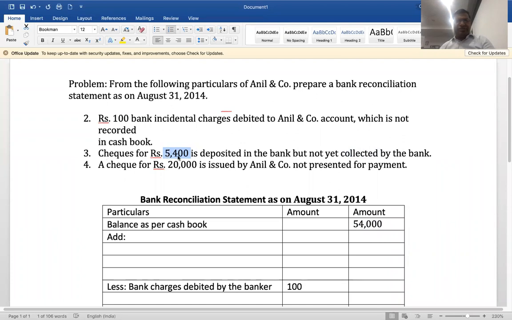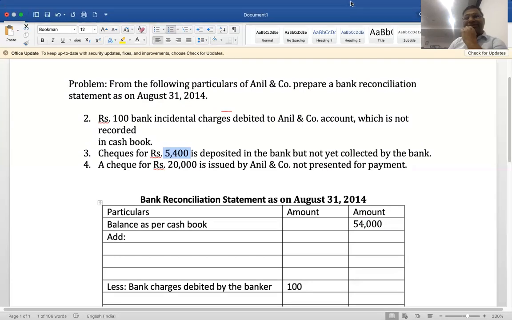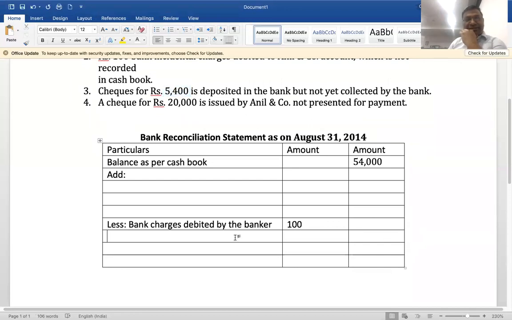So checks are deposited in the bank but not yet collected by the bank. What shall we do? Add or less? Less. Why do we less it? Because it is not yet credited in the bank.